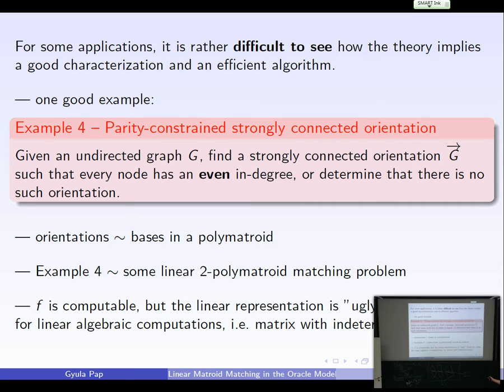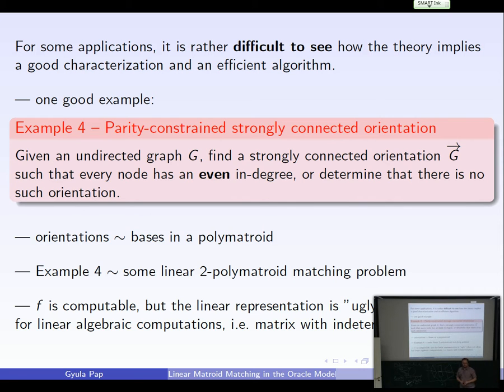Because of orientations of an undirected graph, that in a way translates into a basis in a polymatroid, and parity translates into matroid parity. But then the representation that we have for this polymatroid is like this.